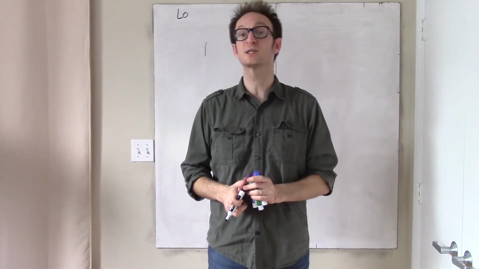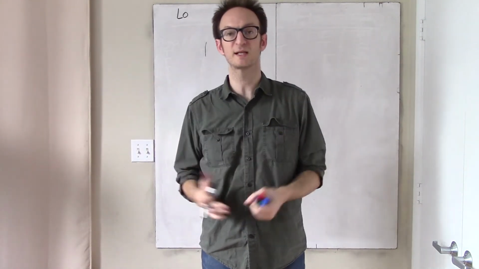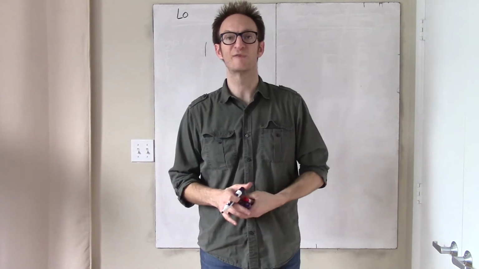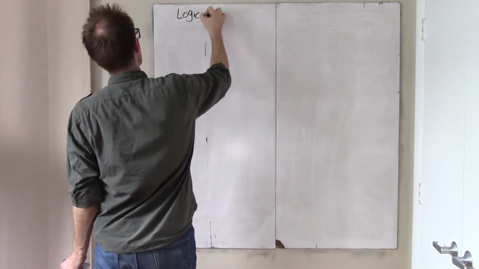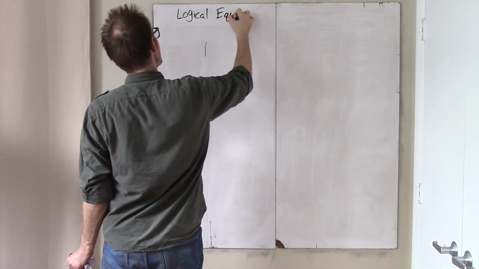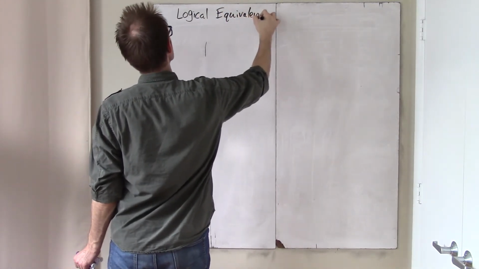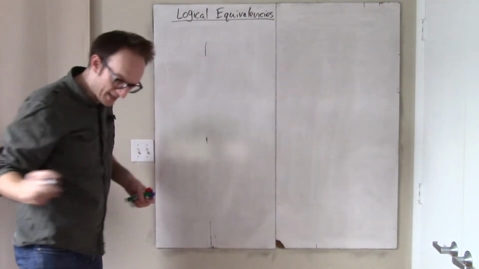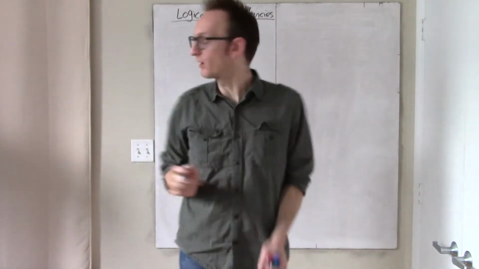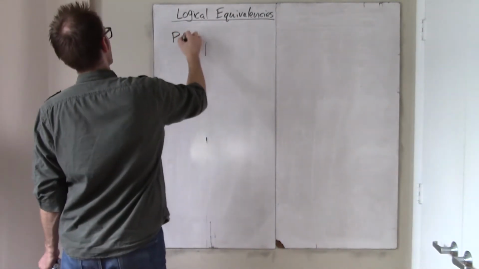So what I need you all to do is become, in basically 4 or 5 days, savants of propositional logic. And so I want to expose you to many different logical equivalences. Some of these you've heard of before. Some of them are famous.